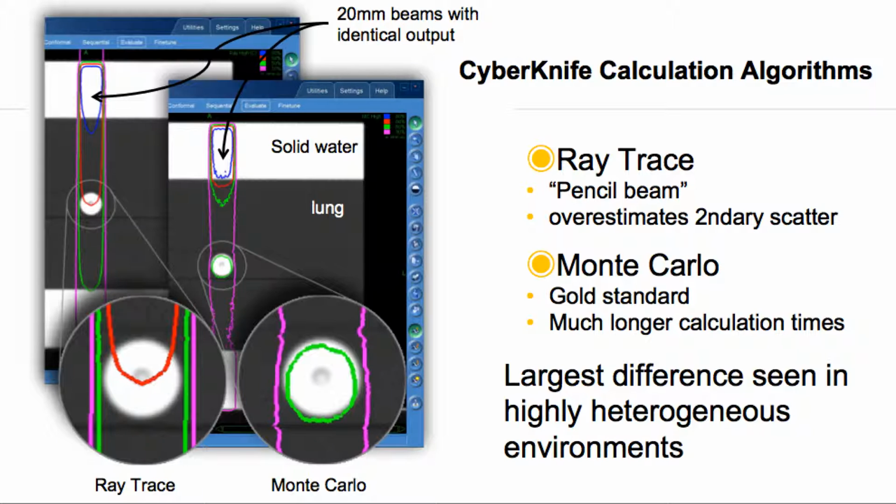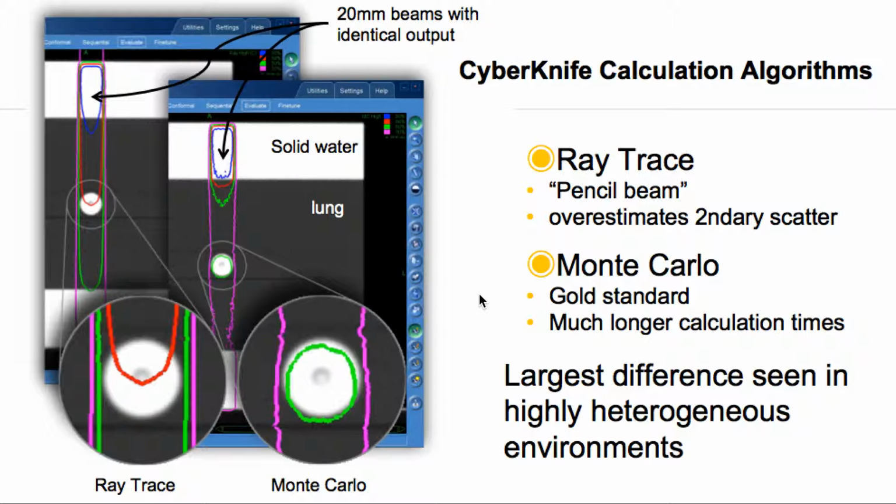So the CyberKnife treatment planning system comes with two calculation algorithms, a pencil beam model called ray trace and a Monte Carlo model. Much more commissioning work has to be performed to generate the data needed to calculate dose using the Monte Carlo algorithm, and once that data is finalized in the treatment planning system, it's the responsibility of the medical physicist to ensure that data is tabulated and input into the TPS accurately.